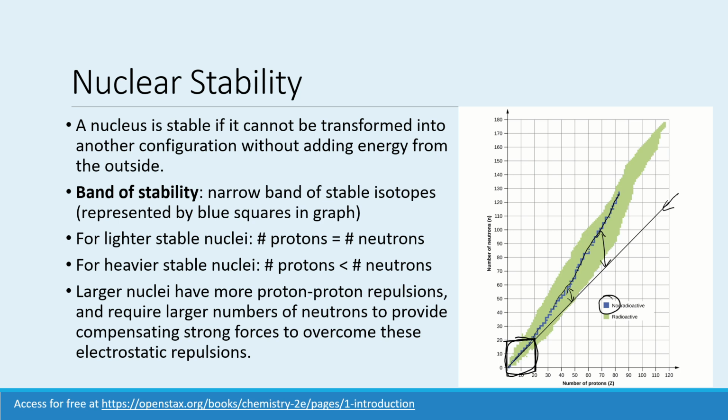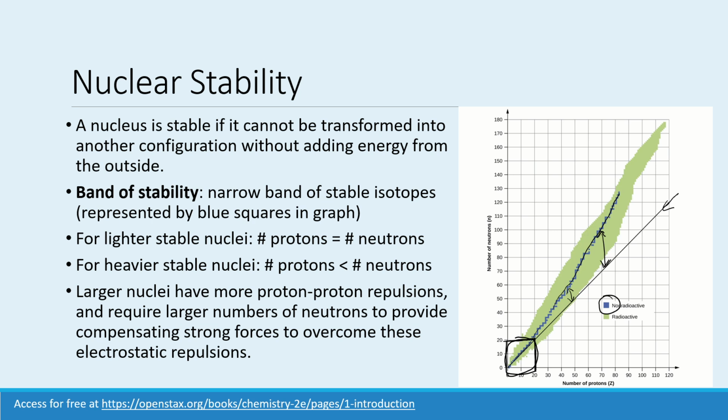And so for lighter nuclei, what that means is that number of protons and number of neutrons are about the same. Now, as you get heavier, again, you see that gap start to come in between the 1-to-1 ratio and the stable nuclei band. And so eventually you'll have less protons than you do neutrons. Okay.